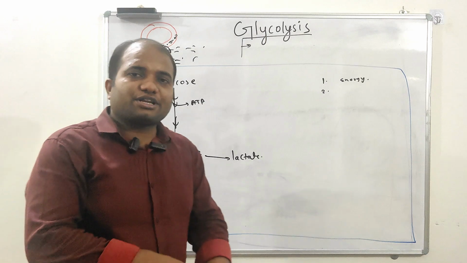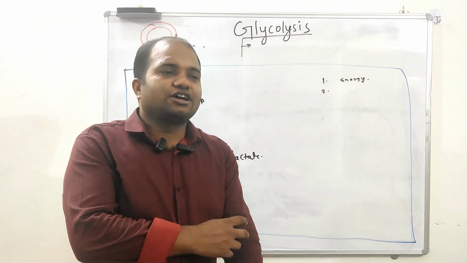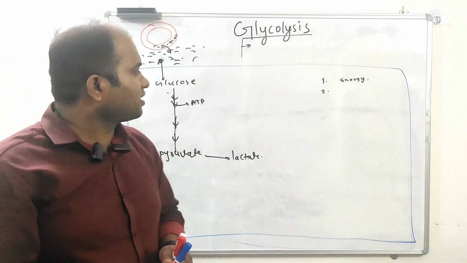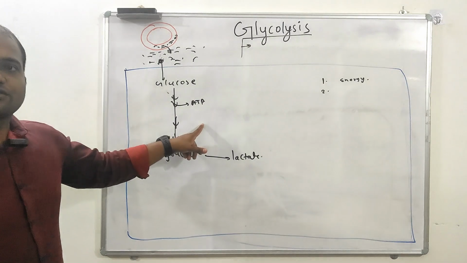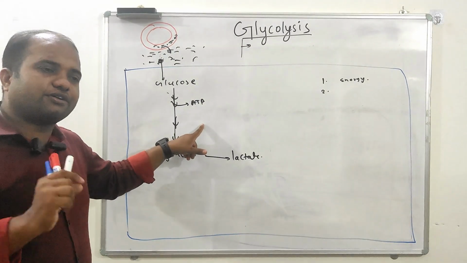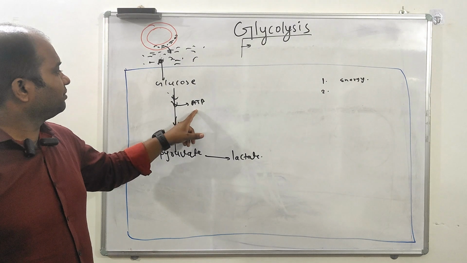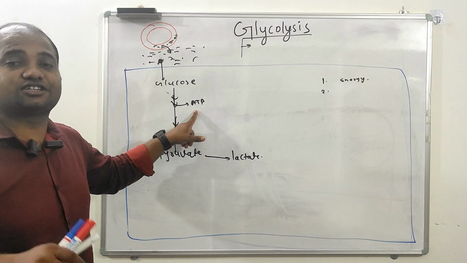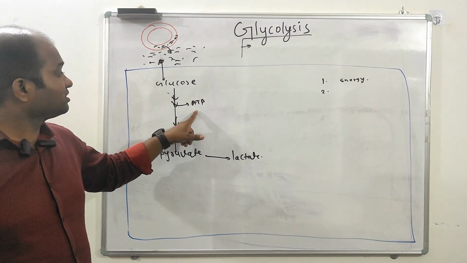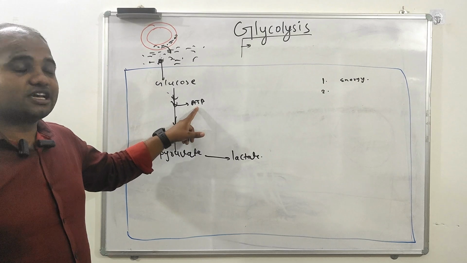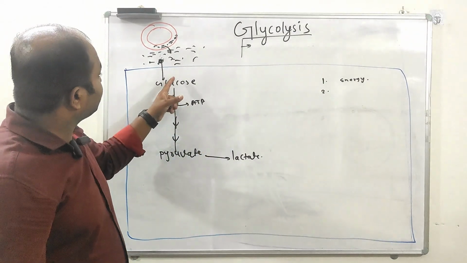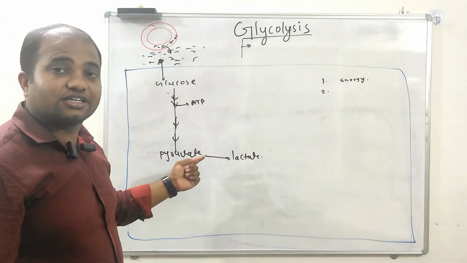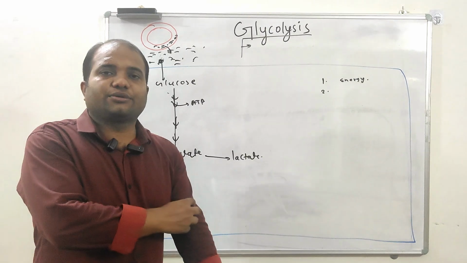In our skeletal muscles, when you are in heavy exercise, the energy requirement of the cells is not met, right? The oxygen supply in high exercise is considered an anaerobic phase, because oxygen demand is not fulfilled compared to the energy demand. So during heavy exercise, skeletal muscles act in anaerobic conditions, or during ischemic conditions.